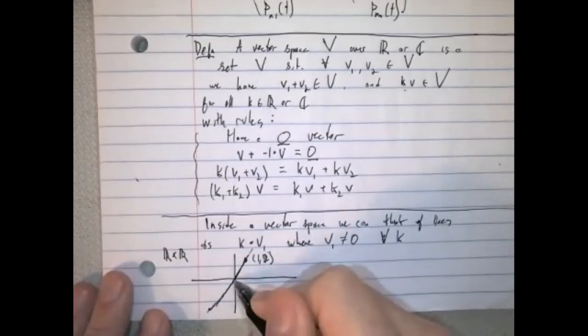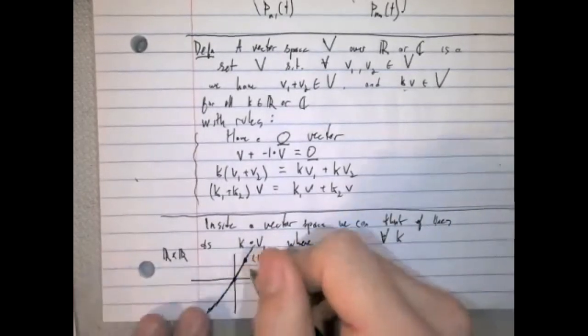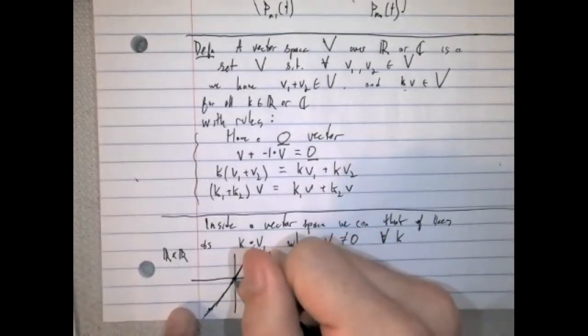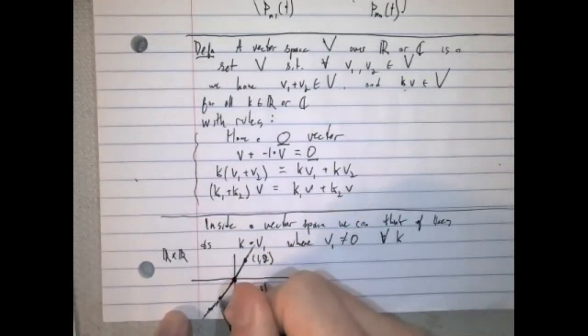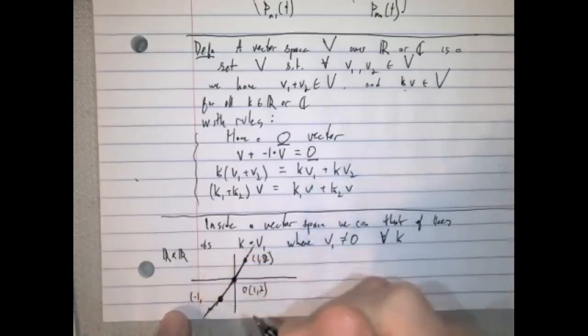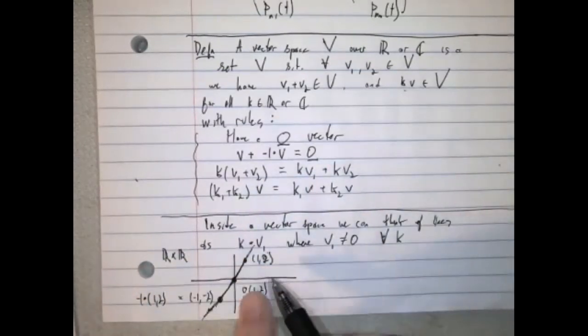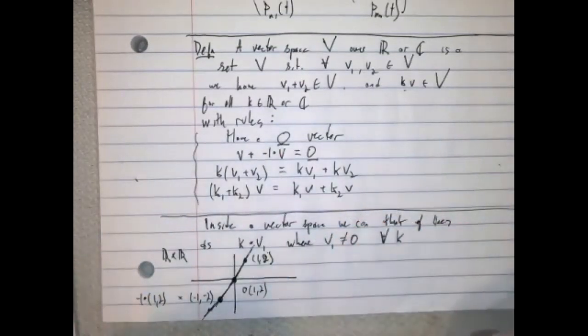It's the line joining the 0 point to the vector 1, 2 and everything through it. And this is naturally associated with all of the products of a number times 1, 2. For instance, the 0 point is equal to 0 times the vector 1, 2. There's going to be a point over here called -1, -2, which is just equal to -1 times the vector 1, 2. So do you see how I can produce lines inside of a vector space by taking all of the scalar multiples of a single non-zero vector?